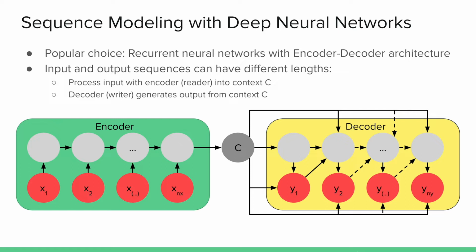And last but not least, long-term dependencies are problematic. When you take a look at this image here, all the information that we know about the sentence must be stored in this one context vector that we have in the middle. And from there, the decoder has to figure out how to process that context information.